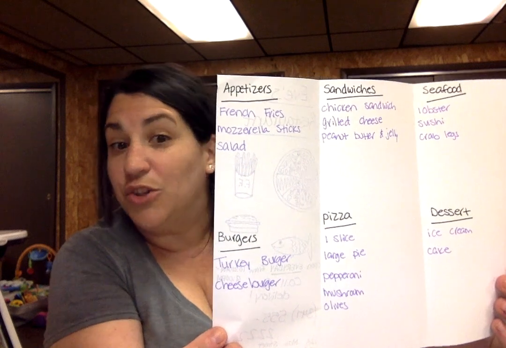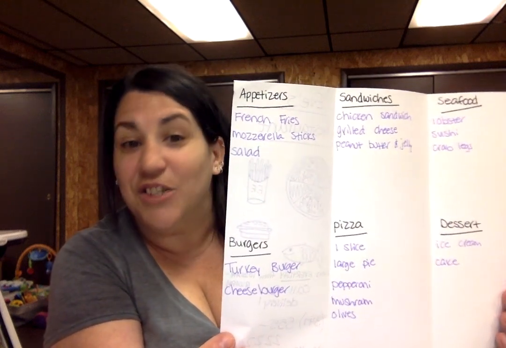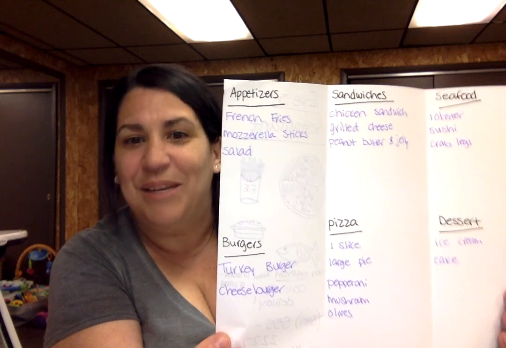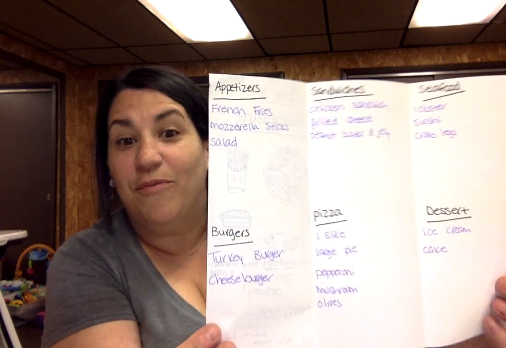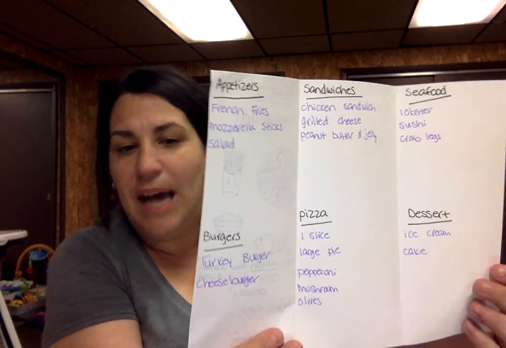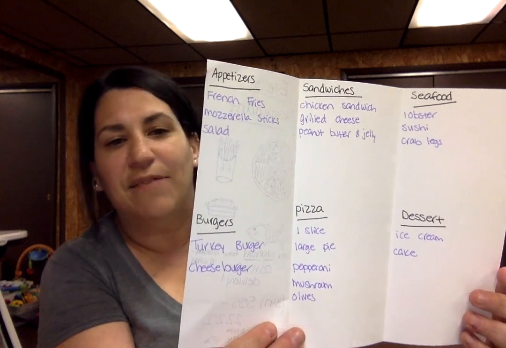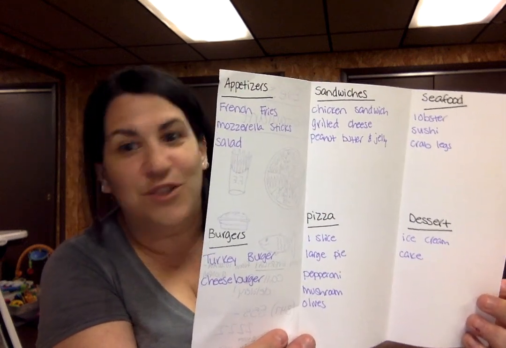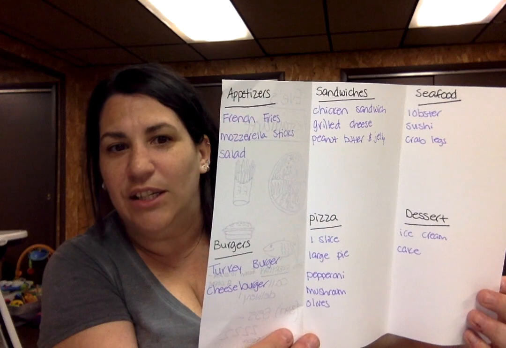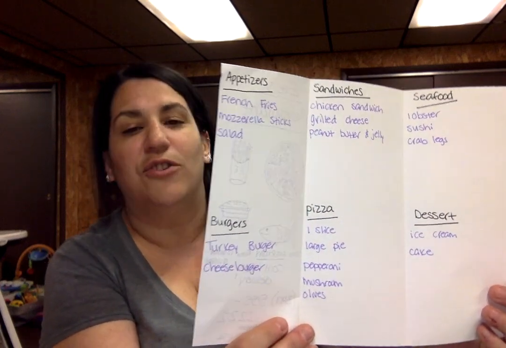For burgers, I said a turkey burger or a cheeseburger. Sandwiches, I said a chicken sandwich, a grilled cheese, or a peanut butter and jelly. For pizza, you can get one slice or you can get a whole pie. And some of the toppings might be pepperoni or mushroom or olives. And then on the other side, for seafood, I said lobster, sushi. I know some of you love sushi. Crab legs. And dessert, so far, I thought of ice cream and cake.